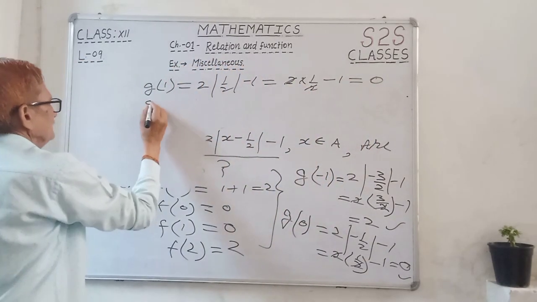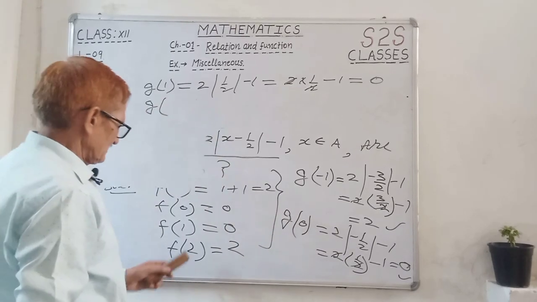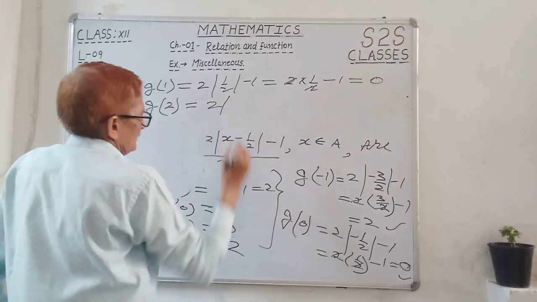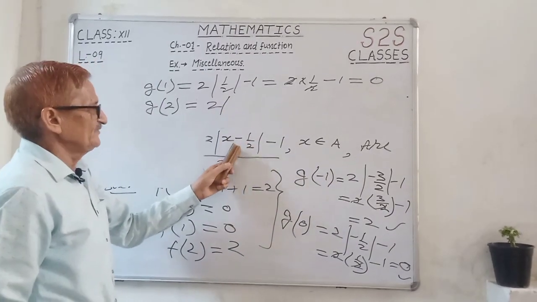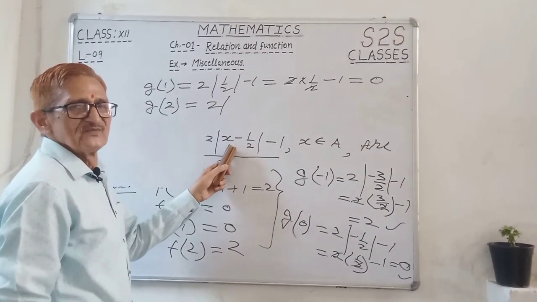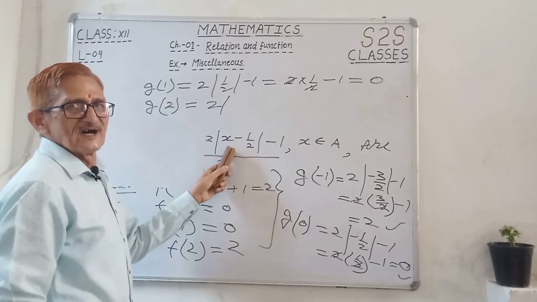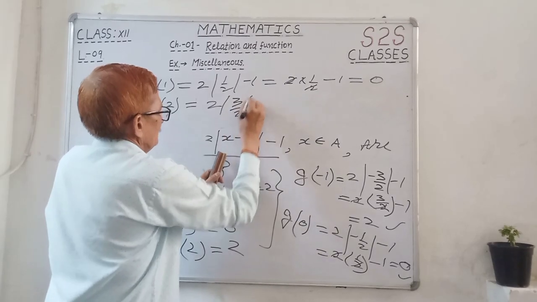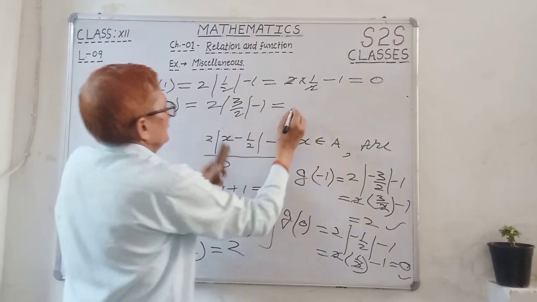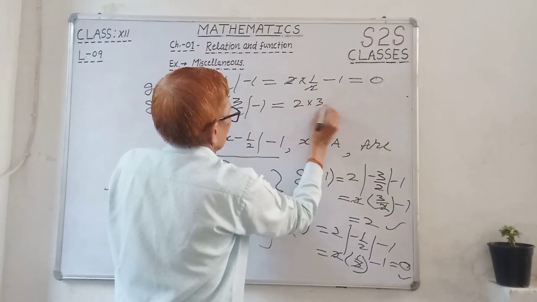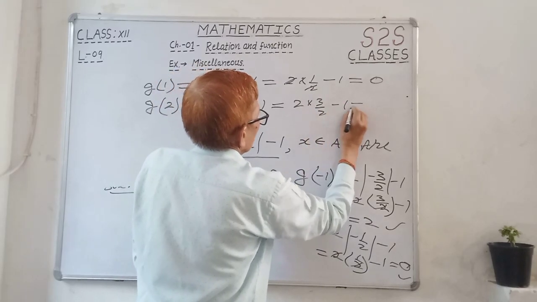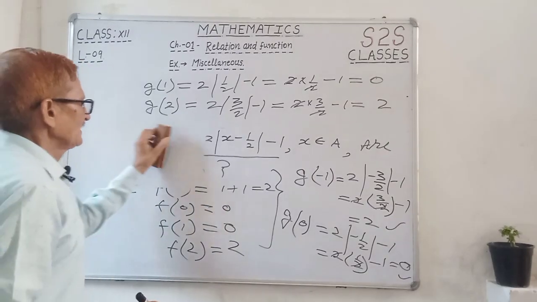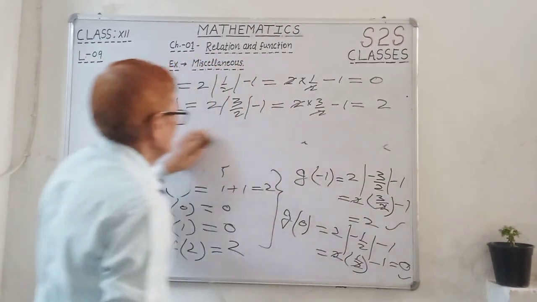Now after that, the next element 2: x is 2, input 2, then 2 times modulus of 2 minus half, that is 1 and half, 3 by 2, minus 1. Simplify, 2 times 3 by 2 minus 1, then 3 minus 1, then 2. So the same here, we can say the ordered pairs have the same output.